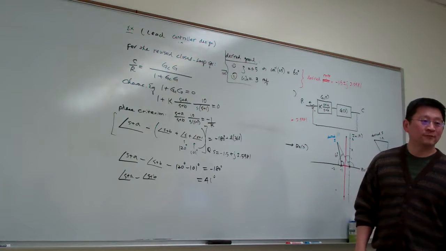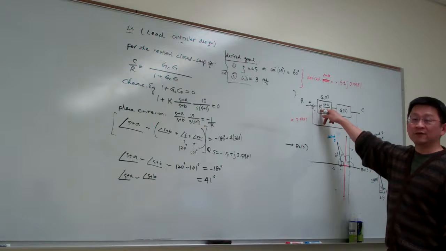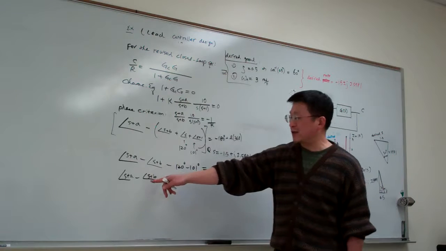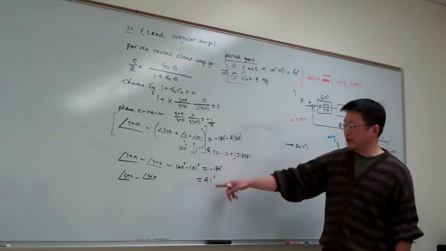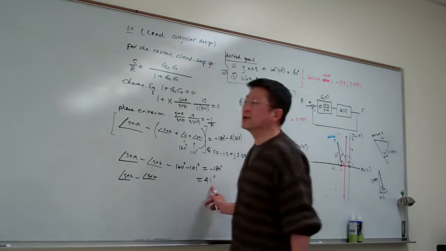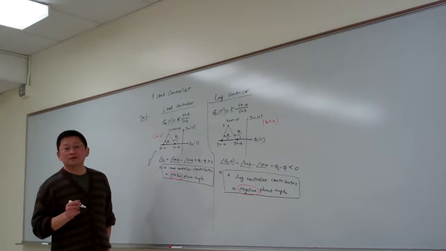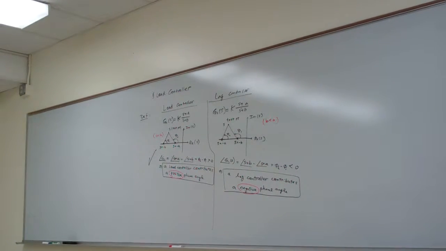Good? So in the beginning, we select the patterns of the lead or lag controllers. In our calculation, to satisfy the desired information, we then determine this angle is 41 degrees. Then we check against our definition here. Would that be this case? So by meeting the design criteria, we know we have this one.